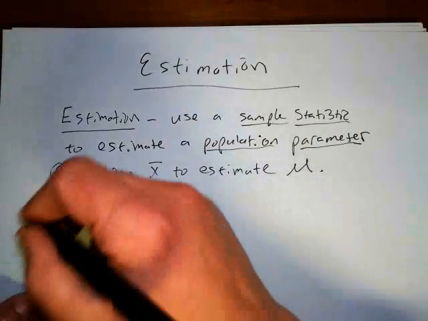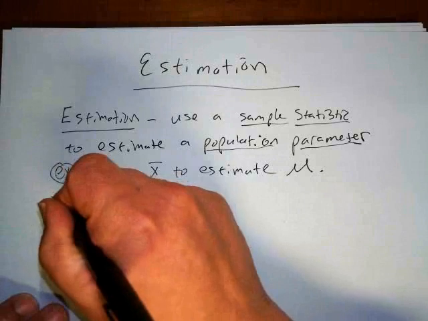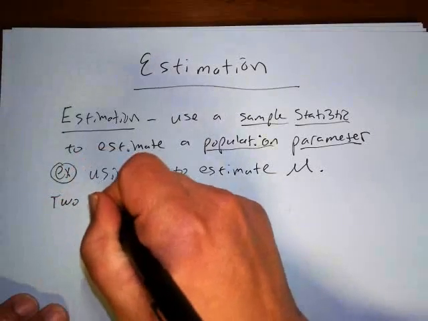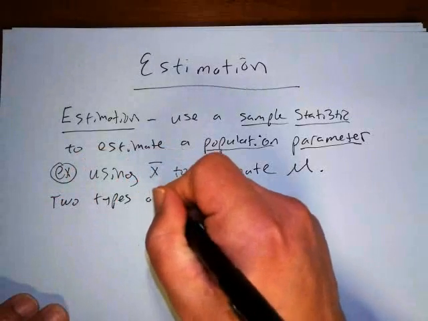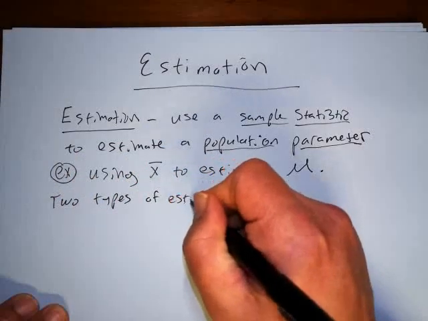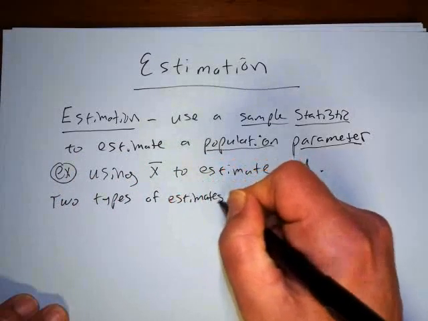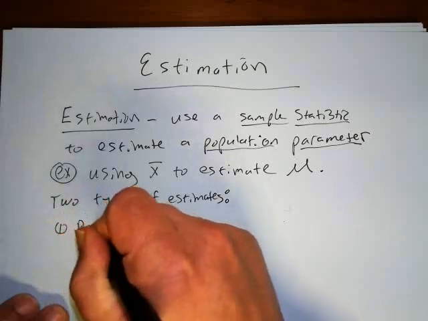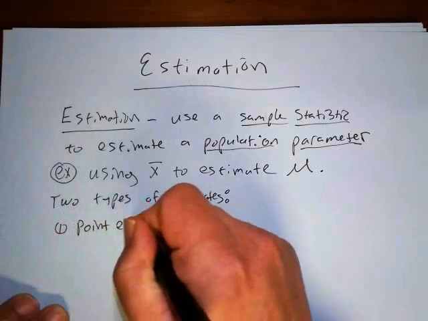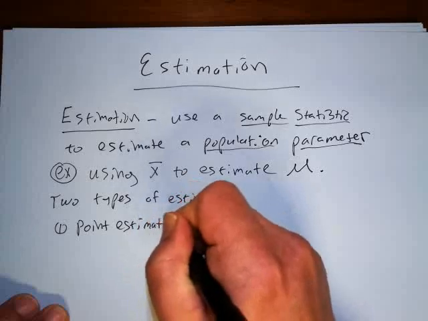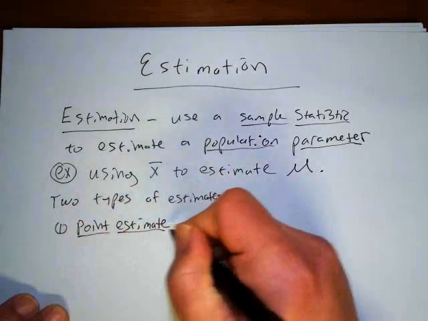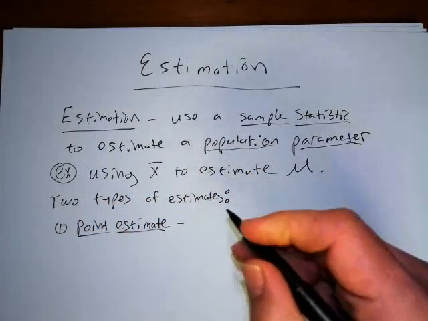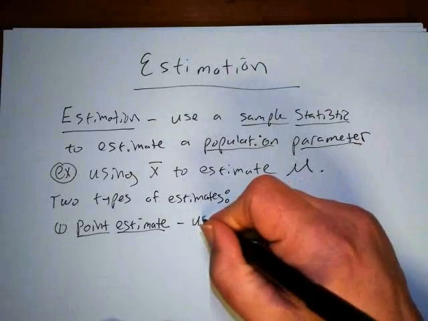In order to do this, there are going to be two types of estimates. The first type is a point estimate, and a point estimate is where you use a single value as the estimate.